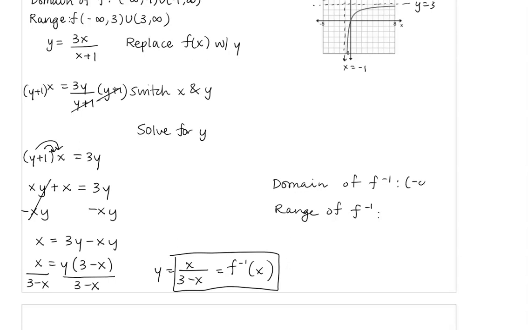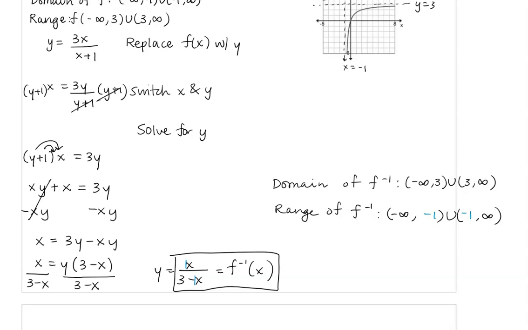So the domain of this function is all real numbers except for 3. For the range of this function, we need to think about where this rational function is having a horizontal asymptote. Looking at the ratio of these leading coefficients, 1 over -1 means that the HA for that rational function would happen at y is equal to -1.